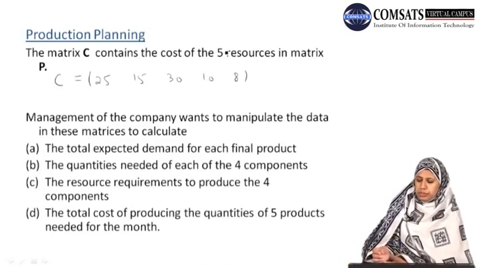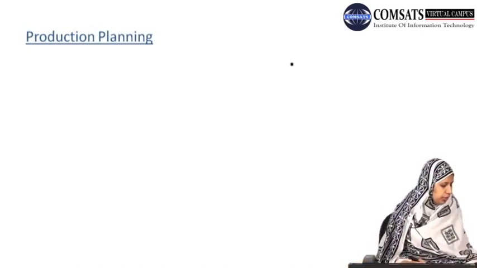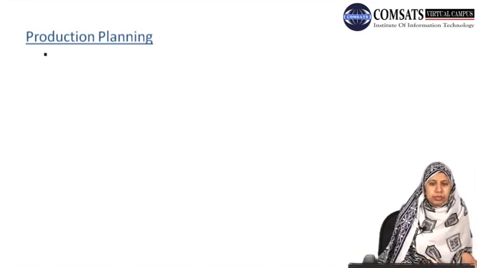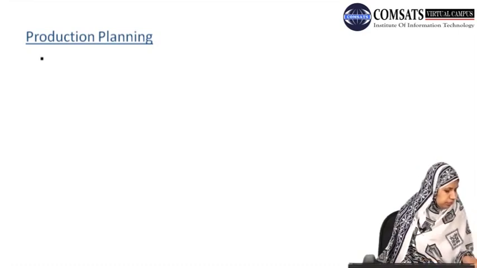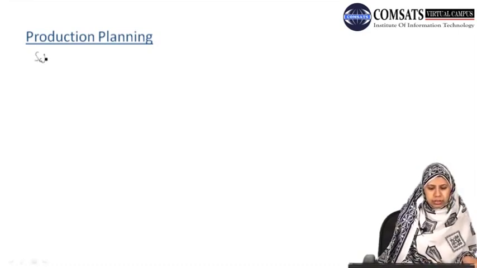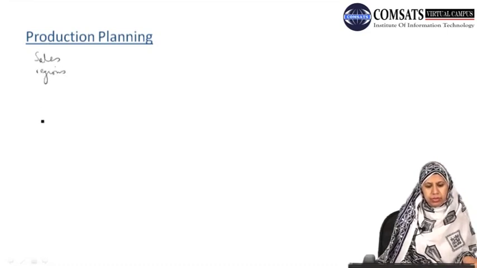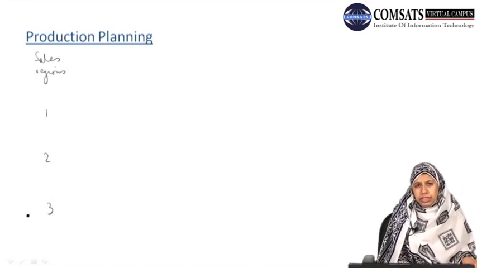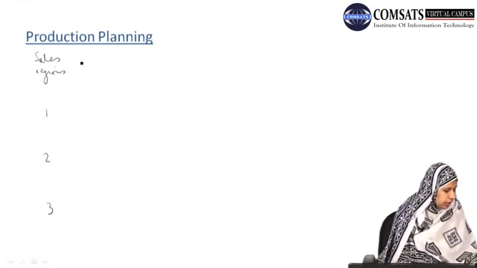So how will we proceed? What are we given? We were given 3 regions. So we have our sales regions, the 3 regions in which the company is interested in selling its products.